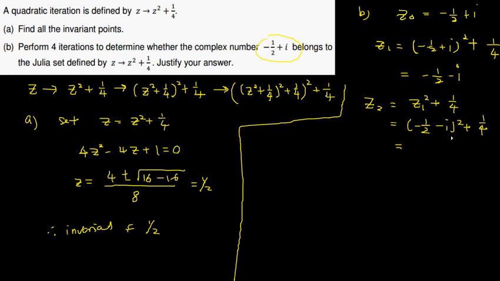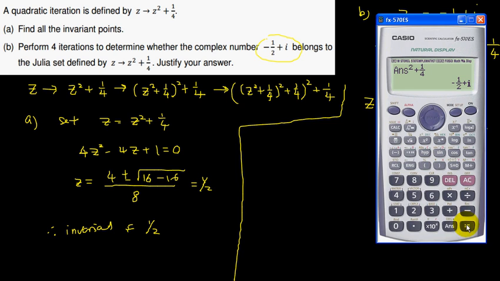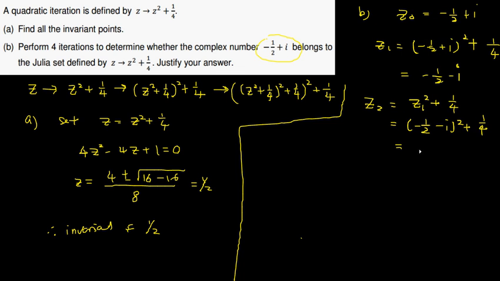And now Z2 would be, which means we calculate this Z1 squared plus 1 over 4, and we push this value from here into the calculation. And you can check the calculator once, just type equal, I'll get the next one. So the next one means I'm going to get negative half plus i, and we keep repeating this.